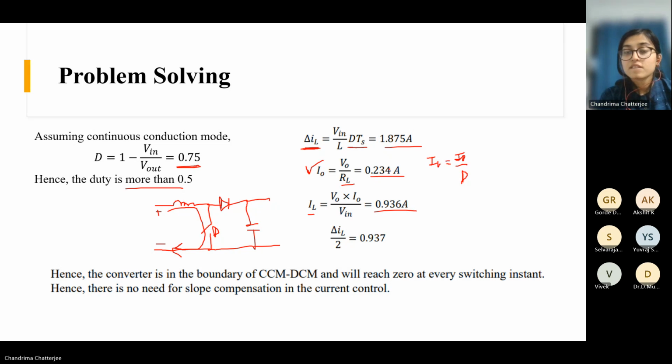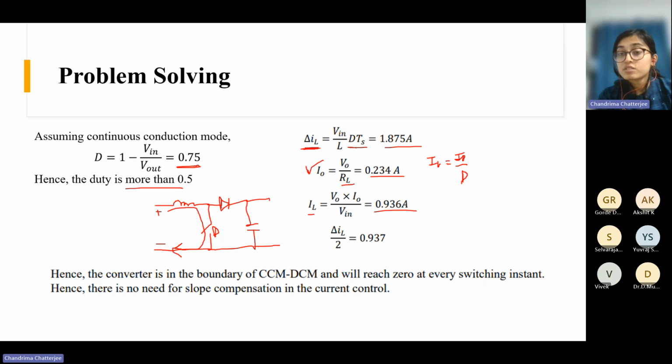Okay. So if you do 3 by 4, just a second. I will just calculate it and check. 0.234 into 4 divided by, sorry, sorry.